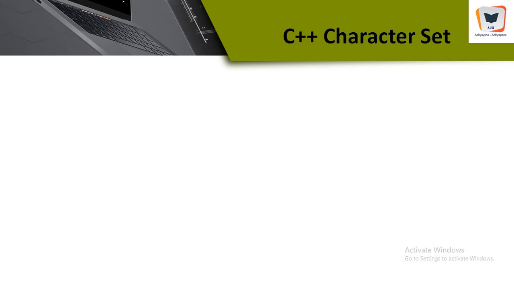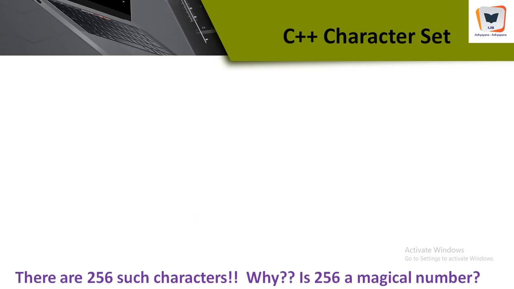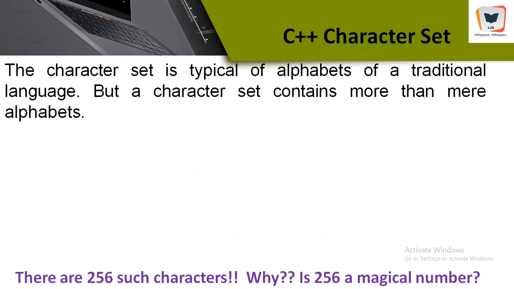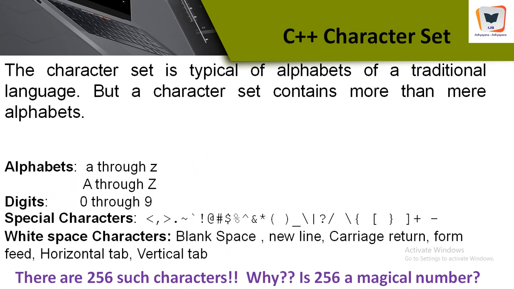The character set of C++ is as big as that of C. It consists of alphabets, that is, capital A through Z and small a through z, digits 0 to 9, and special characters and white space characters like blank space, new line, carriage return, which provide some kind of space. Therefore, they are called white space in programming parlance. Horizontal feed, horizontal tab, vertical tab, and totally it makes 256.